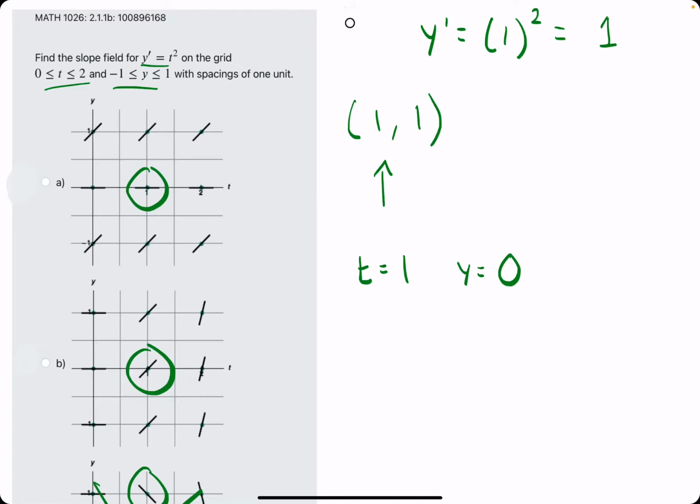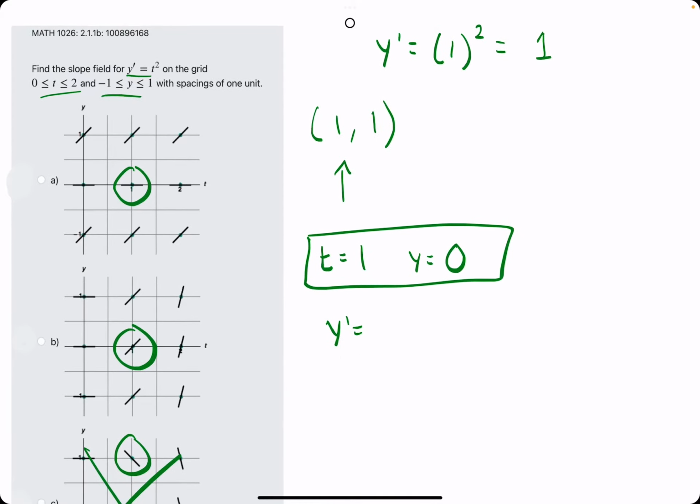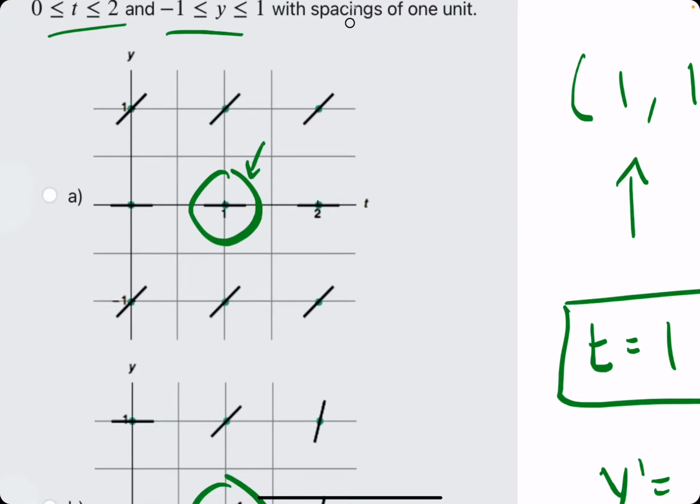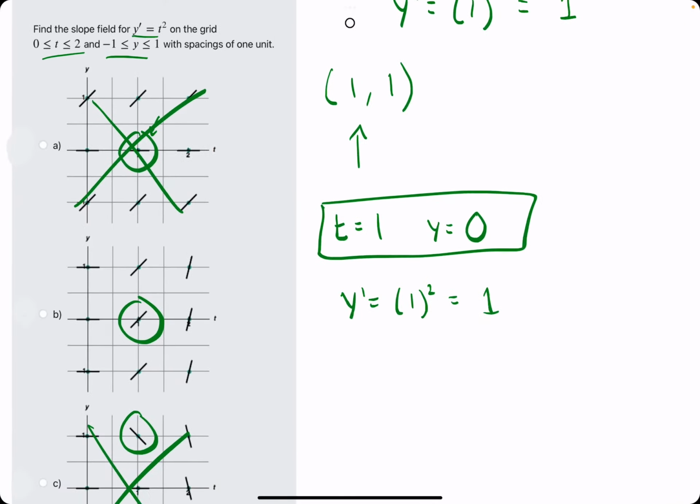Again, we plug this ordered pair into the differential equation y prime, but you'll notice there's no place to plug in a y value. So every single time, the y prime value is dependent on just t. So we plug in t equals 1 again and get a slope value of 1. Just like that, we know the slope value can't be 0, can't be flat, so it can't be A.